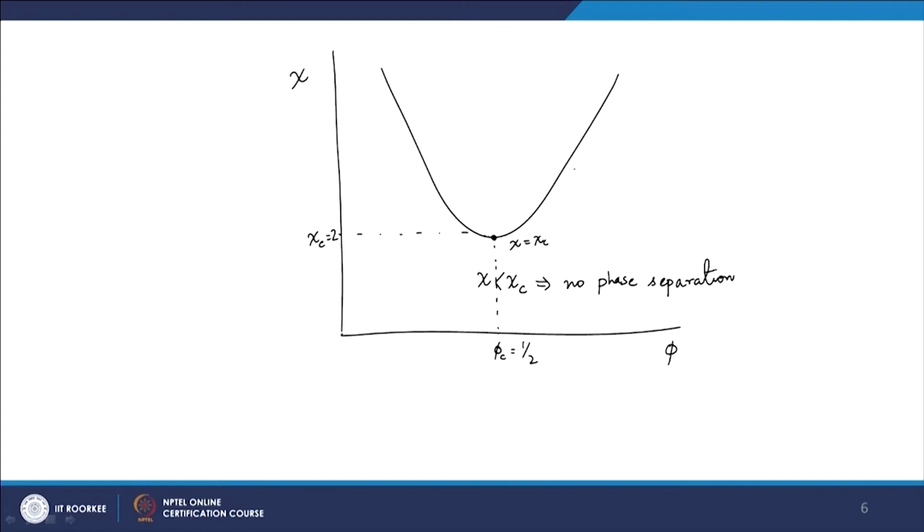This curve is my coexistence curve. This I get by solving the equation for the binodal. So, this is my binodal. Inside this, we will have a curve for the spinodal, chi s of phi, and both of them of course will merge at the critical point.